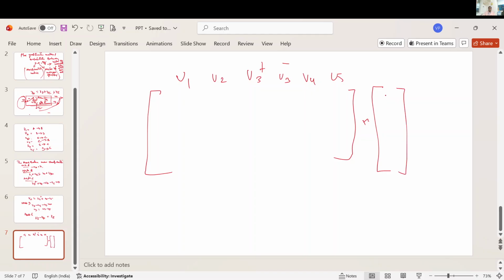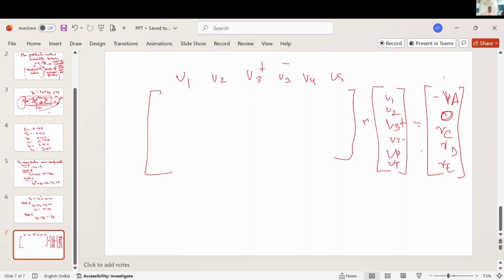It is V1, V2, V3 plus, V3 minus, V4 and V5 is equal to minus RA, 0. There is no reaction rate for B, then RC, RD and RE.